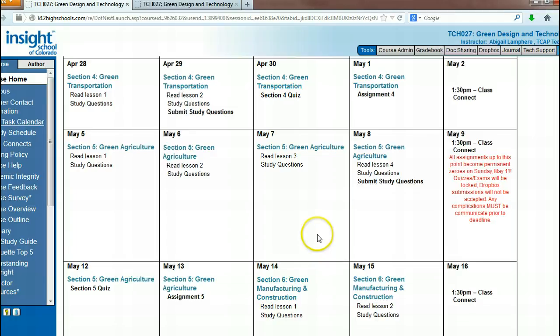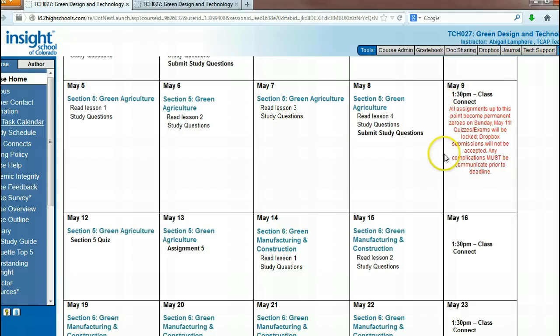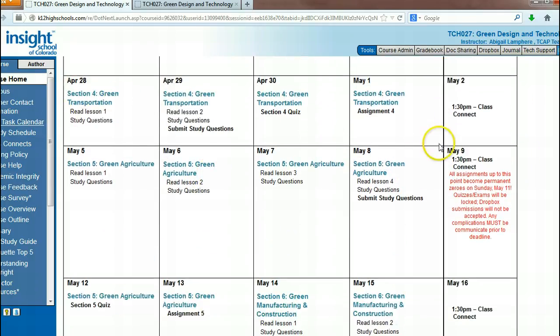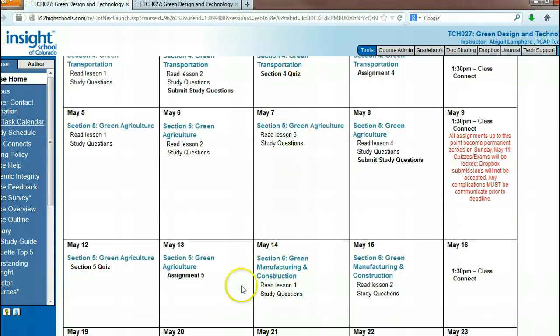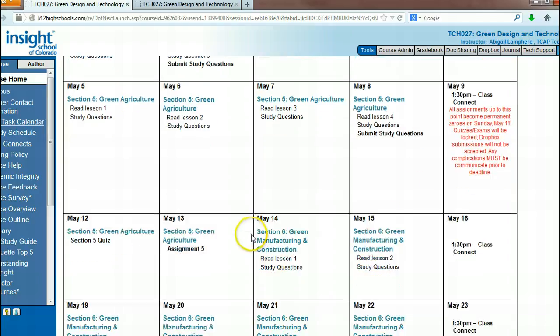Here is a quick look at our calendar for the rest of the course. We are on May 9th today, so you should be completed through section 4, and you should have at least your study questions through section 5 completed, because this Sunday is when we run up against that next zeros deadline.